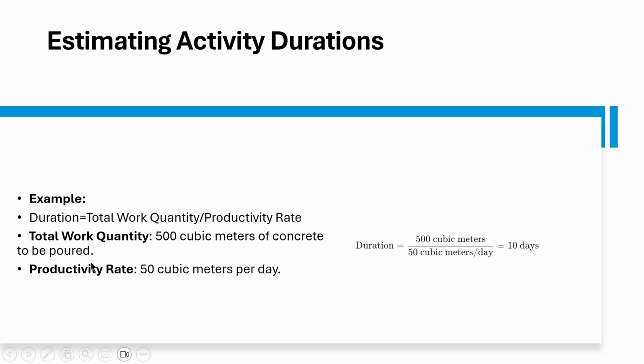In this example, we have 500 cubic meters of concrete to be poured and the productivity is 50 cubic meters per day, meaning we can do only 50 cubic meters of concreting per day. So the duration is 500 divided by 50, the total quantity divided by productivity. So this concreting activity takes 10 days.